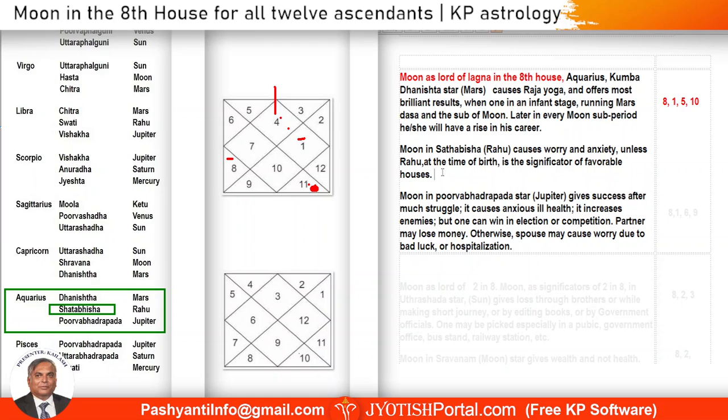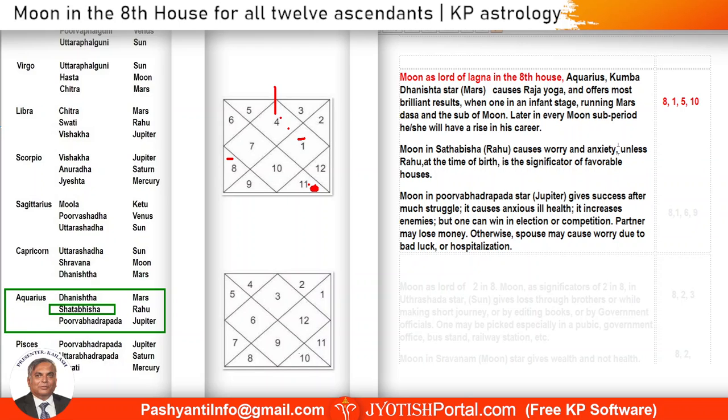So when you are making the interpretation, or trying to figure out what house Rahu is going to indicate, you have to look at what sign Rahu is occupying, and depending on that, create the grouping. But one thing you will consistently note within the KP readers is that whenever a planet is deposited in the star of Rahu, Sri KSK always mentions some worry and some anxiety.